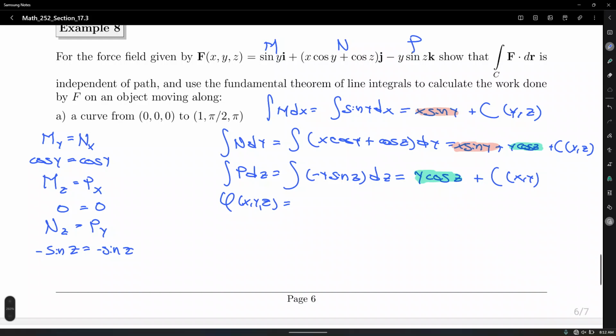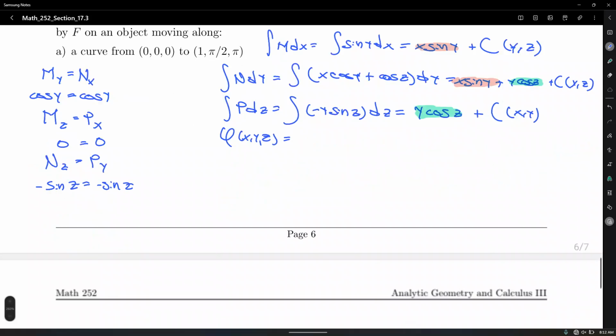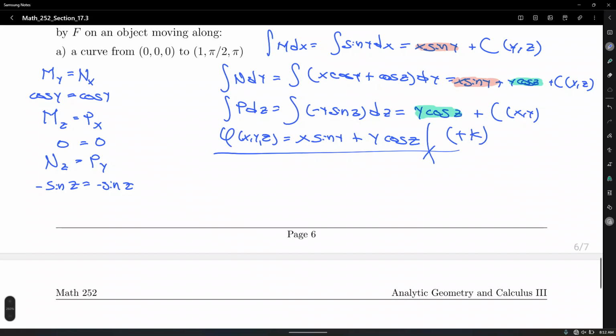We don't combine like terms. No, it's not adding together. It's putting this result together. So that is x sine y plus y cosine z. Final answer. And again, you guys and I know that there is a plus k involved behind the scenes. So that is the potential function.